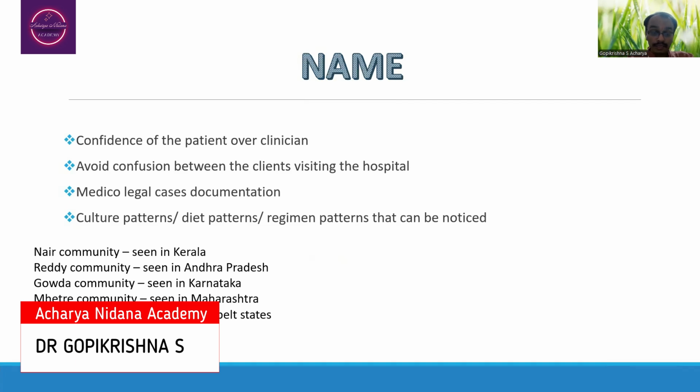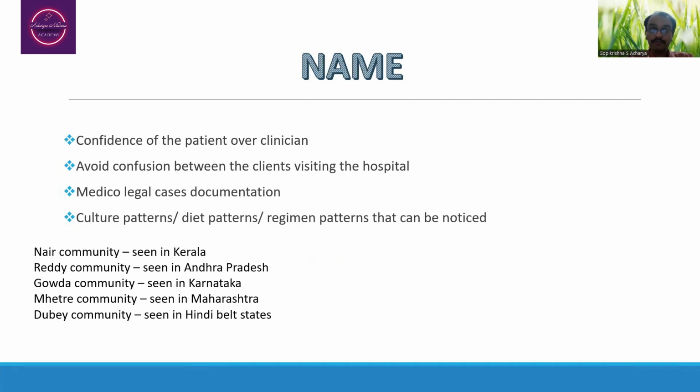The surname Gowda may be observed in Karnataka. Mehetre may be seen in Maharashtra. Dubey can be observed in the Hindi belt states.